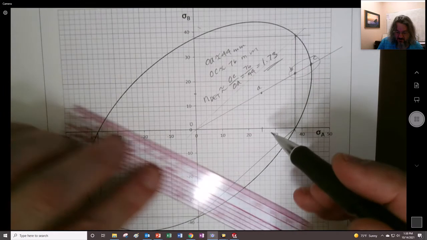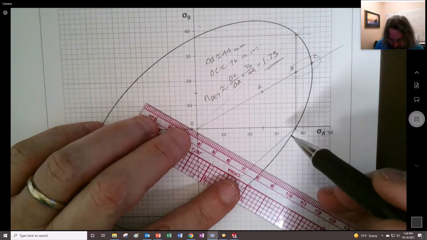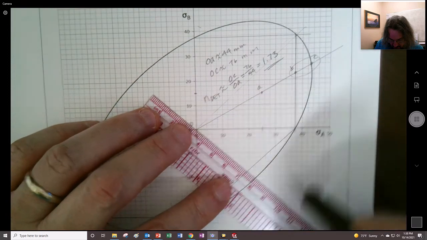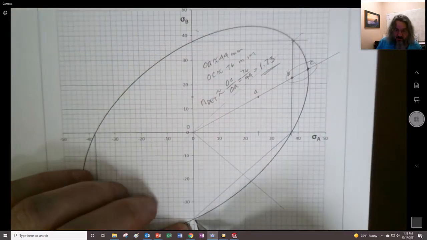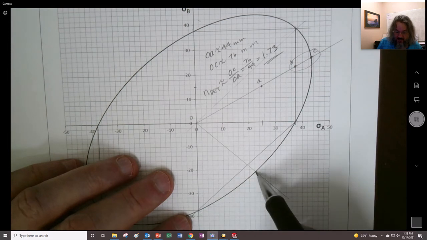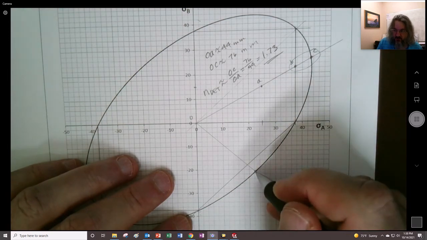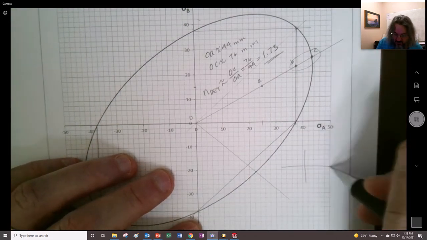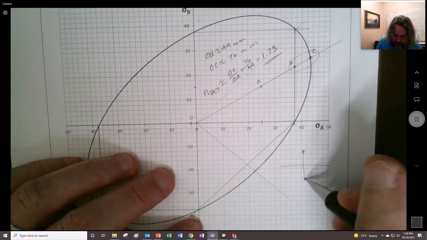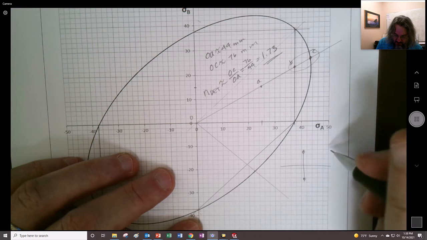Another thing that's interesting is you'd also get a maximum when sigma A and sigma B are equal to each other, except sigma B is negative, right? And this happens in the case of pure shear. So if we had pure shear on a Mohr circle, the plotting of that would be just right there.